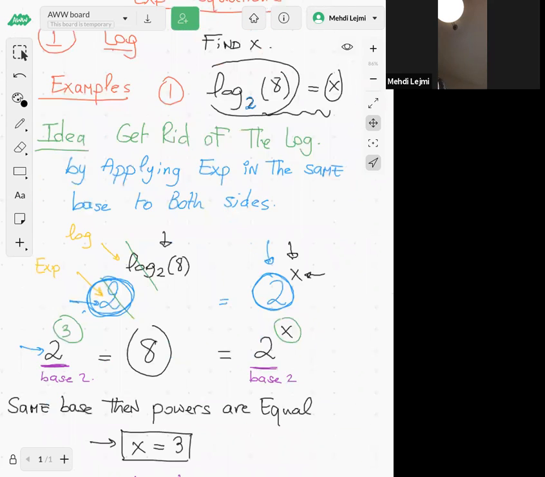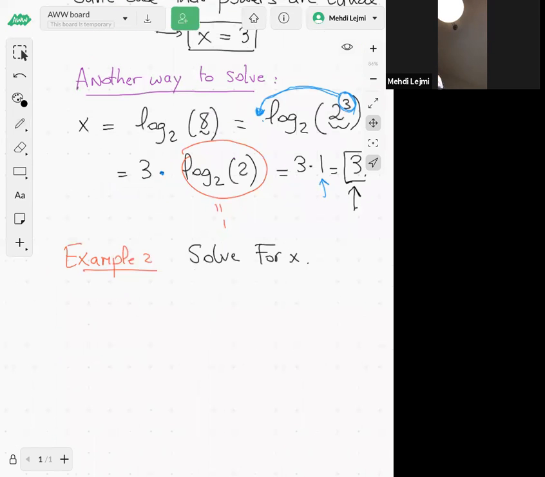Now, let's say you have 2 logs. Let's do this one: log in base 4 of x plus log in base 4 of x plus y equal to 1.